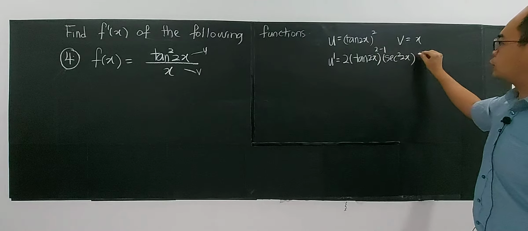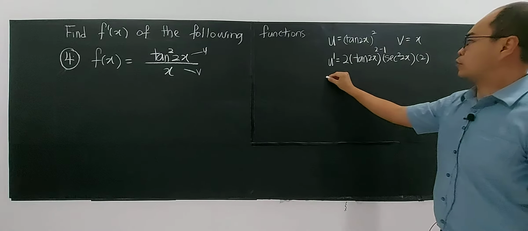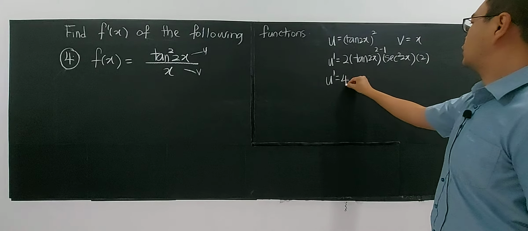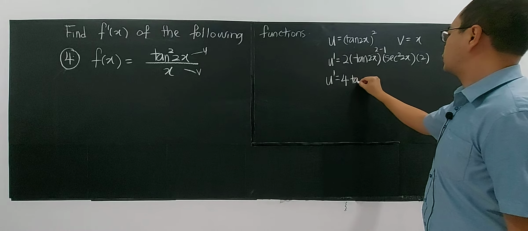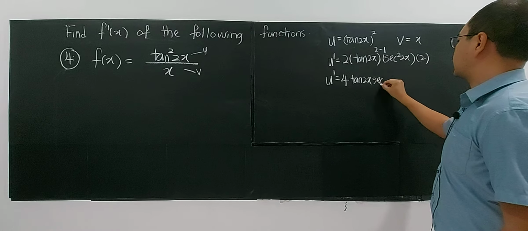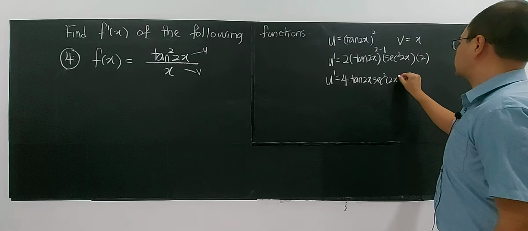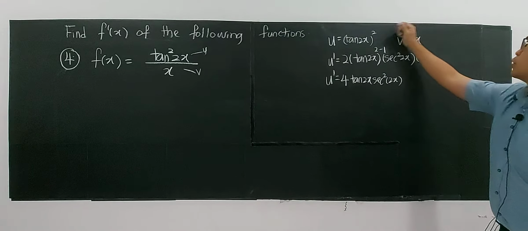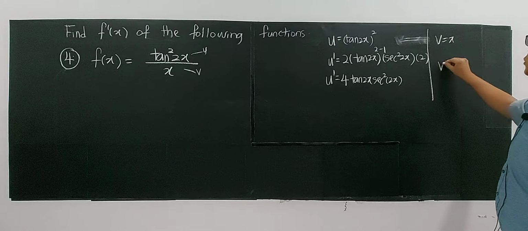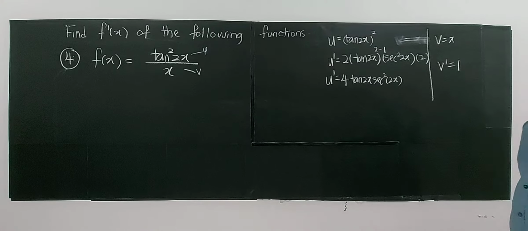And don't forget to differentiate the 2. So overall your u prime, you will have 2, 2, 4, right? 4 tangent 2x to the power 1, secant square 2x. So let's look at v. V equals to x, right? So v prime will be 1.